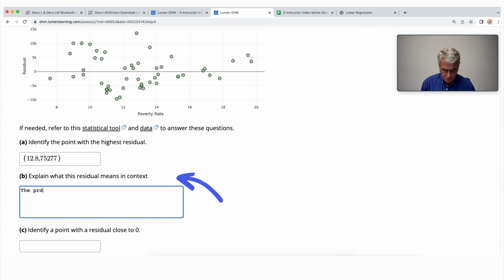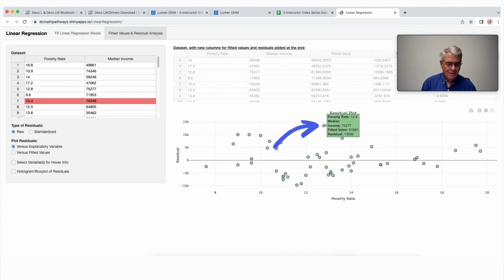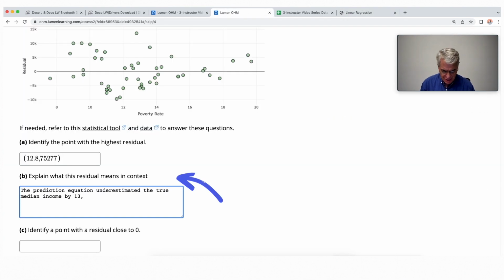The prediction equation underestimated the true median income by $13,596.